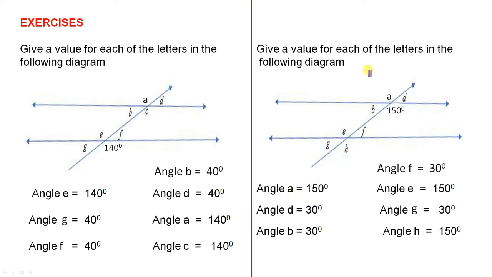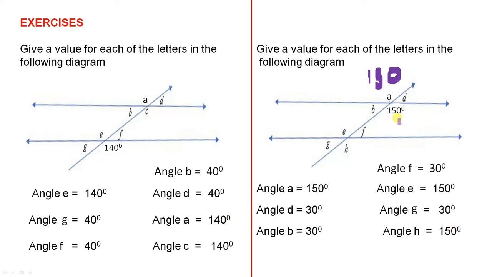See there? 1, 5, 0. Once we know angle A, we can get angle E. That's also 150, because they are corresponding angles. We already have this angle here, that one, so angle H is also 150 because they're corresponding angles.